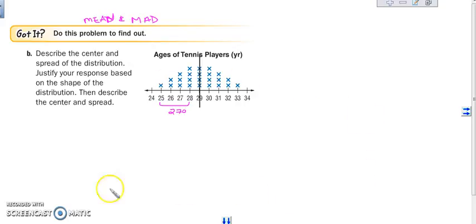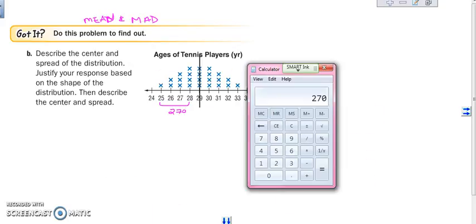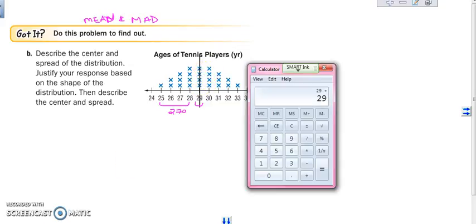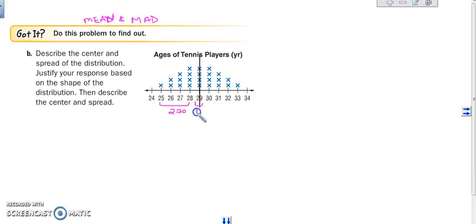You can write all of this out and do it that way too. I'm just going to do this now one more time through. So 25, 26, 26, 27, 27, 27, 28, and four 29s, 270. Perfect. Now the 29s, four and four, that's 116.